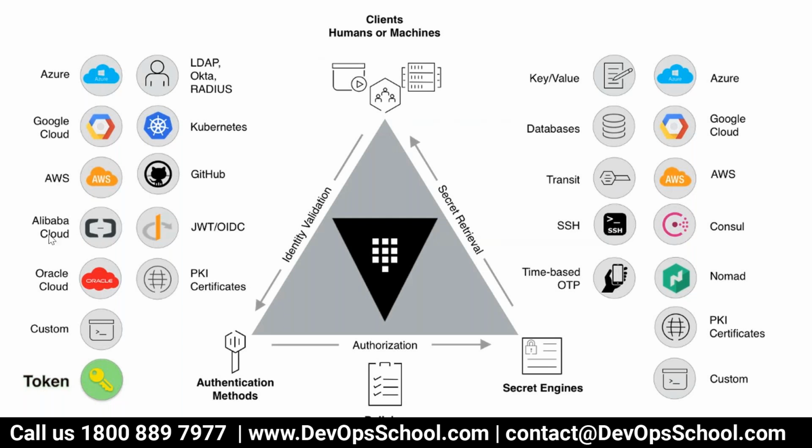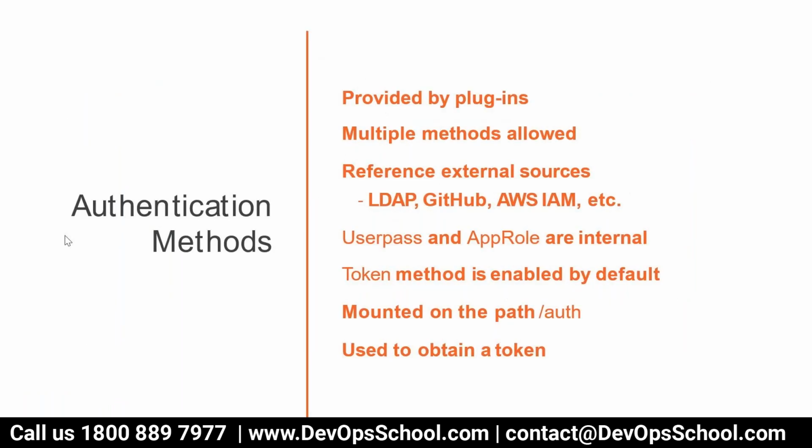Okay, so look at this. Some of the fundamental authentication options are token or password. That means password-based authentication or role-based authentication. These are the fundamental inbuilt options, but you can integrate with anything you want. So what is an authentication method?